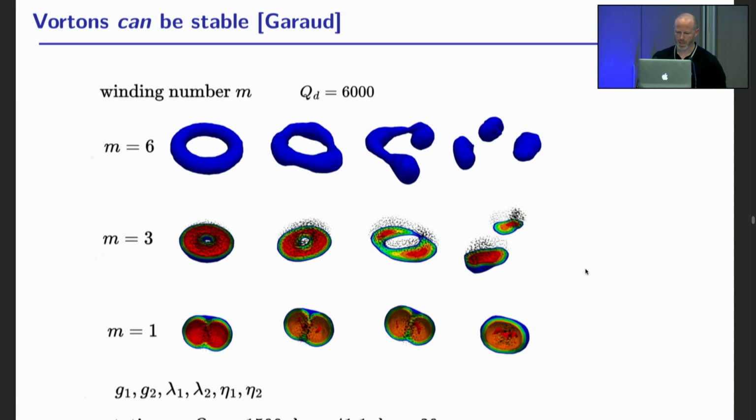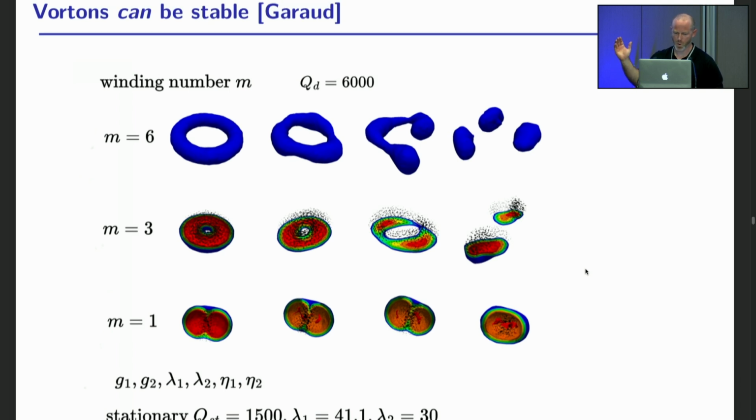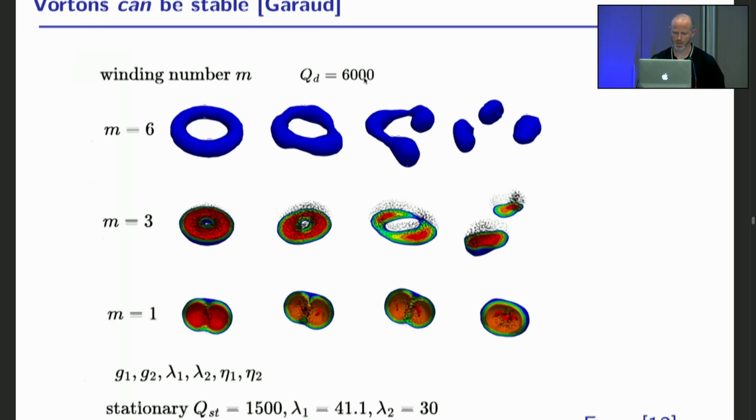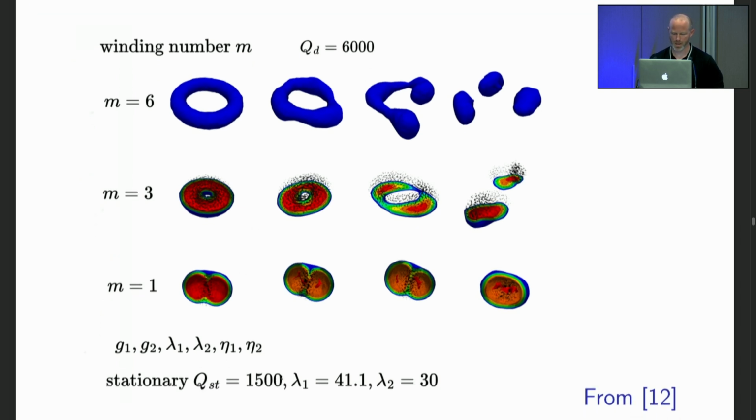He showed in his paper, which is brilliant, that with the winding number, with 2 gauge couplings, and all of these terms run, there are stable solutions and dynamically stable solutions for these U1 cross U1 topological solutions. So the ones to remember are the dynamic stability Q value of 6,000 and the stationary Q value of 1,500.